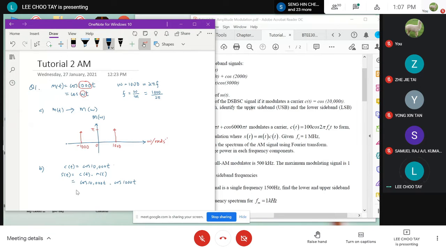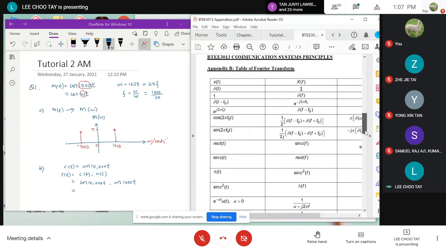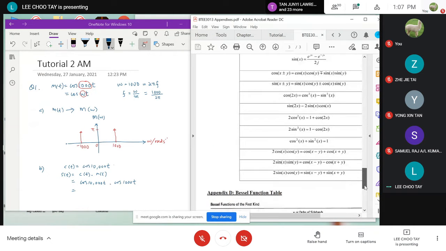Again, if you make use of your trigonometric identity down here, I have two cosines, cos x cos y. This is my x, this is my y. Two cos x cos y is equivalent to cos(x minus y) plus cos(x plus y). I don't have a 2 here, so on this side it's half.